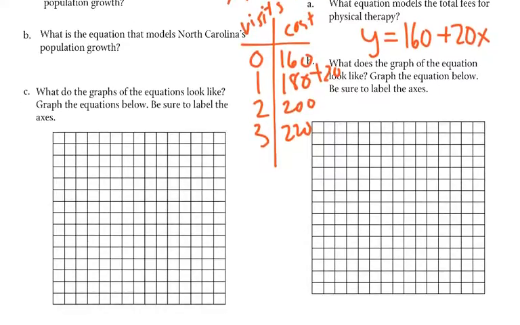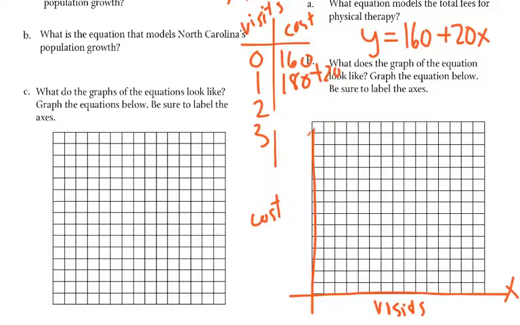Okay, then we graph that, so we draw our axes, okay, the x and the y. Okay, this would be the visits, and this would be the cost. So we're starting at 160, so we may want to count by 20 every, no, let's count by 50. No, that's way too.